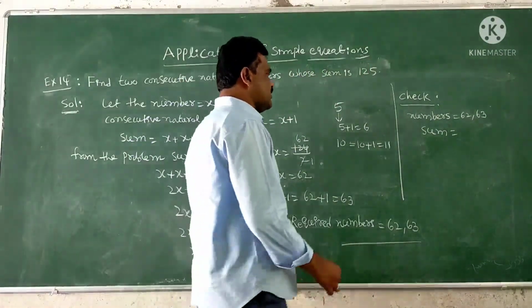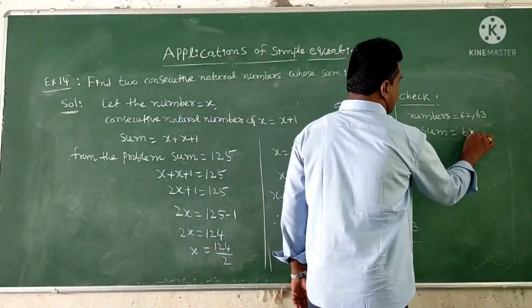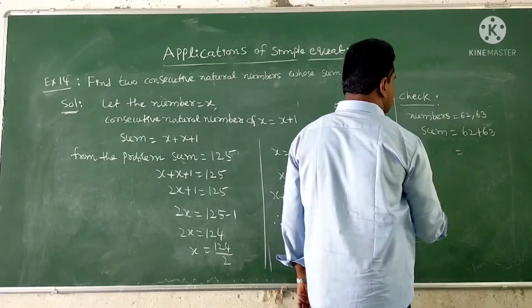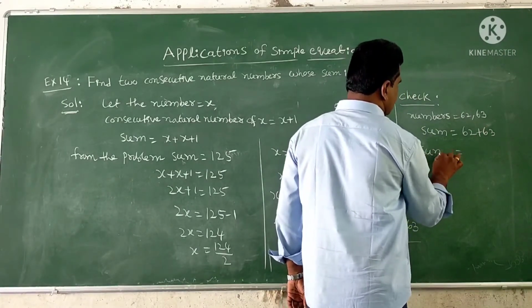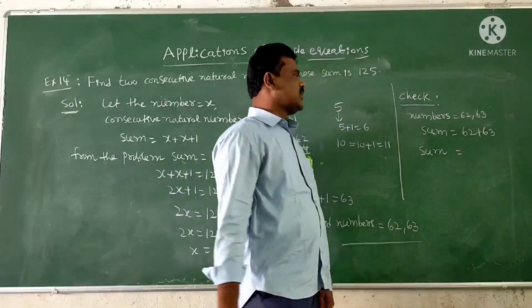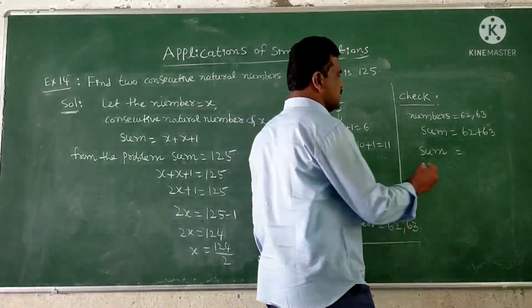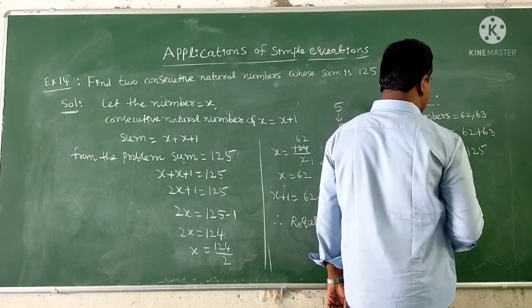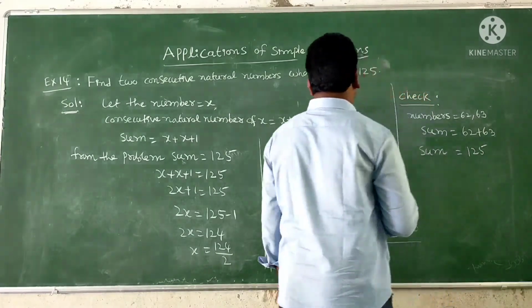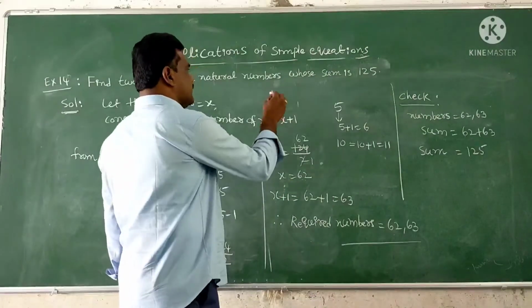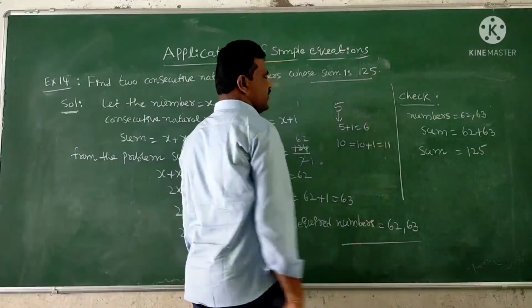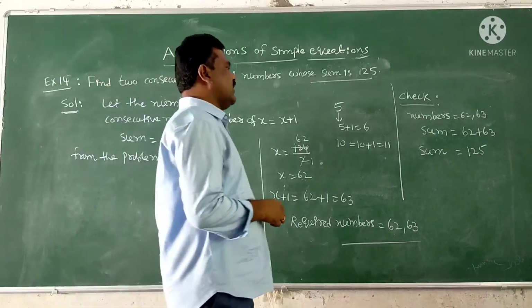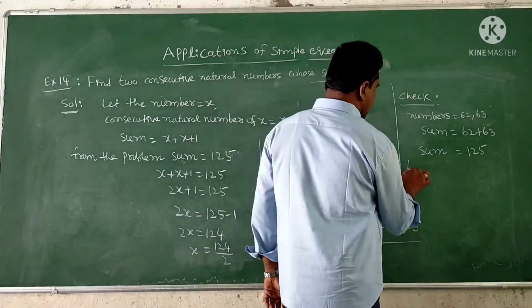Sum is equal to 62 plus 63. What is 62 plus 63? Yes, 62 plus 63 is 125. So the sum equals the given sum, 125. Hence it is verified.